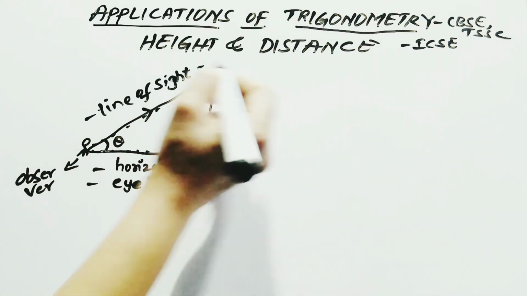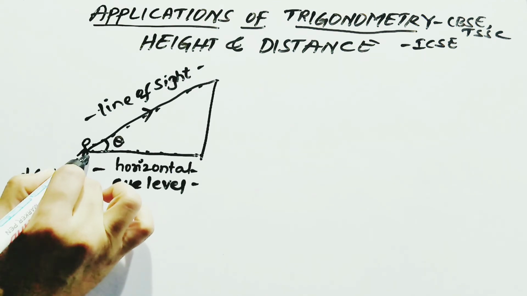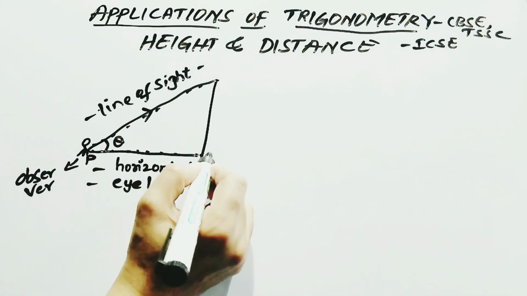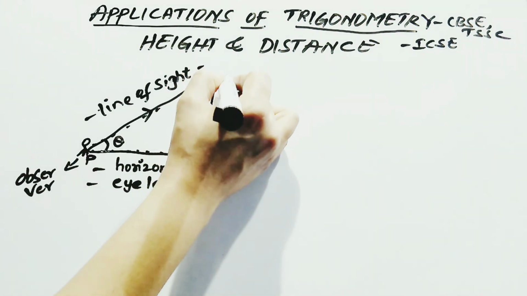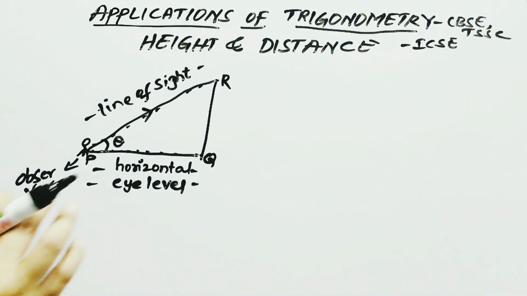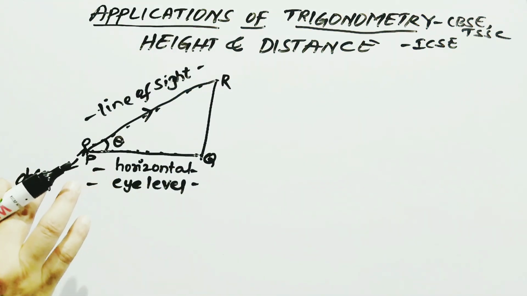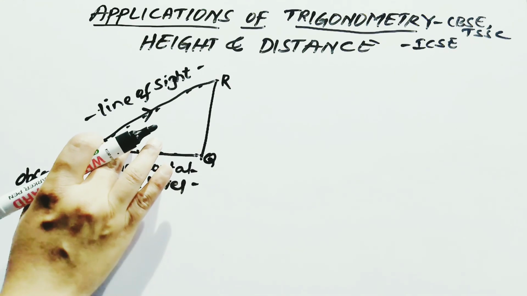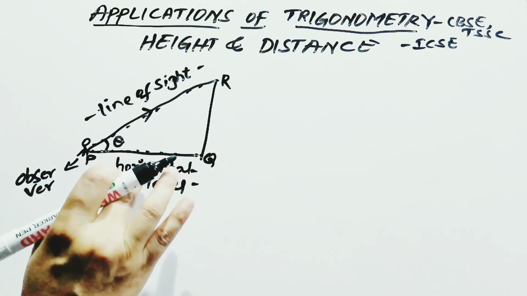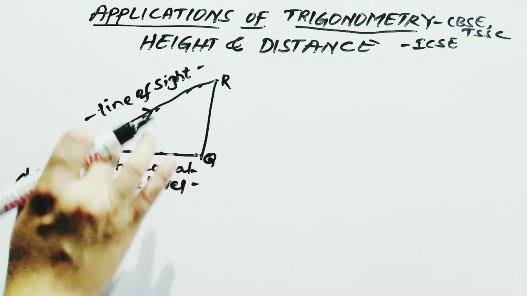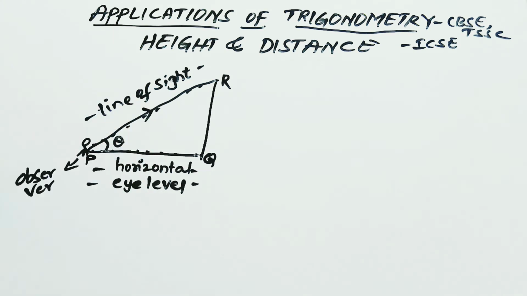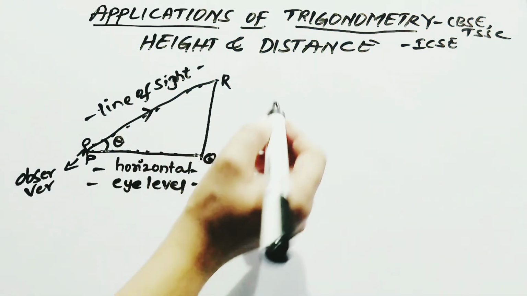Suppose take an example that it forms a right angle, with the triangle PQR. The angle formed between the horizontal line and the line of sight is called the angle of elevation.